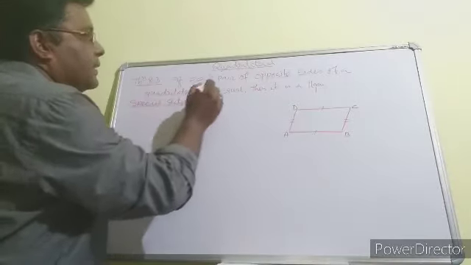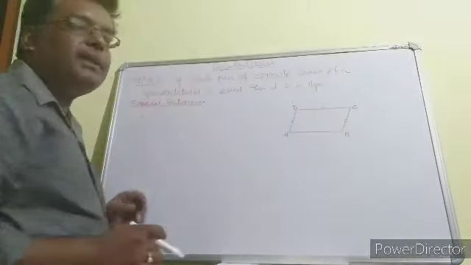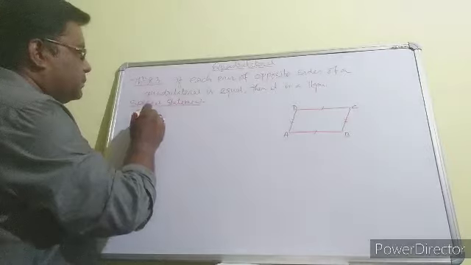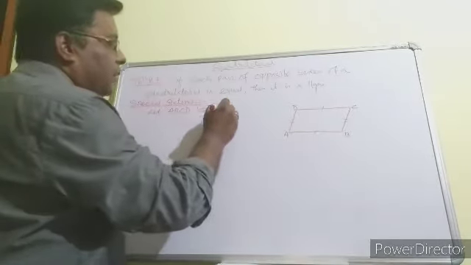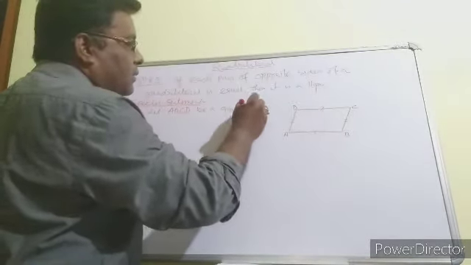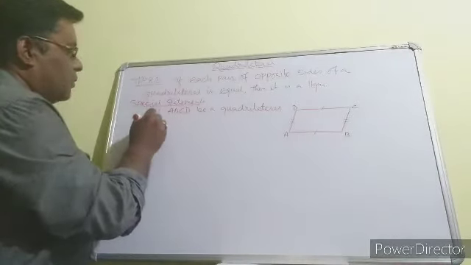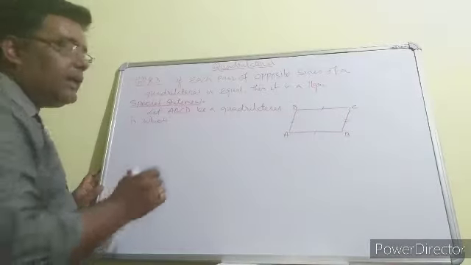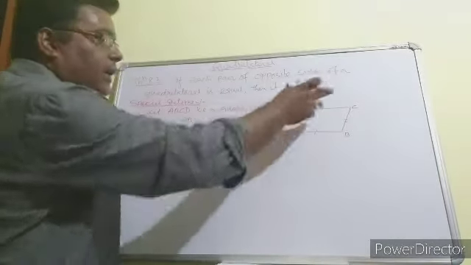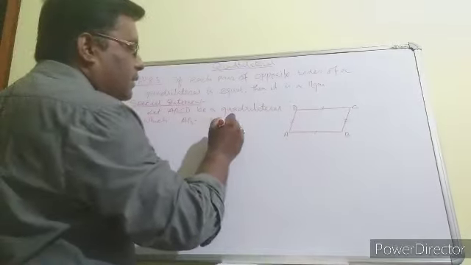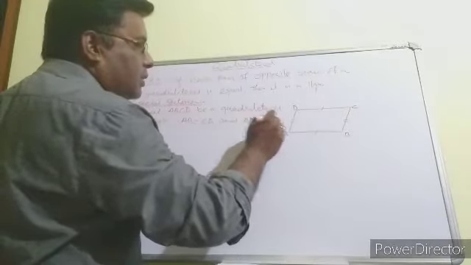So in the statement part, since it is given about opposite sides of a quadrilateral, first we have to mention ABCD as a quadrilateral. So let ABCD be a quadrilateral in which the opposite sides are equal, that is, in which AB is equal to CD, or you can write DC also, and AD is equal to BC.